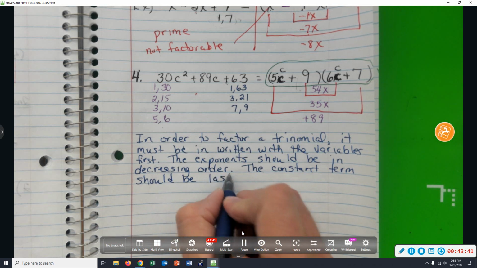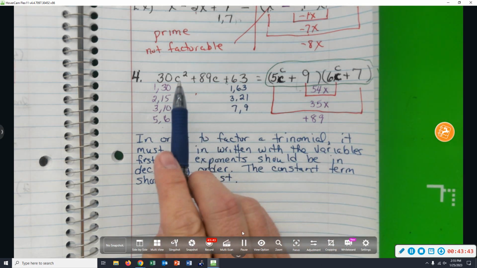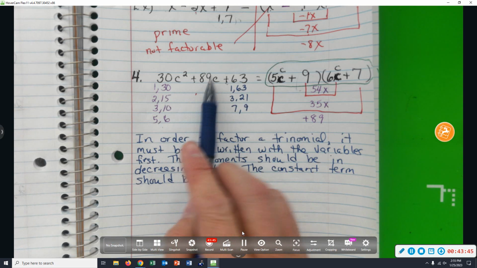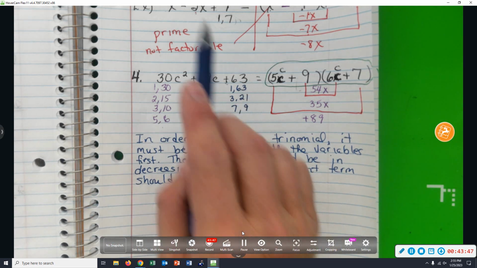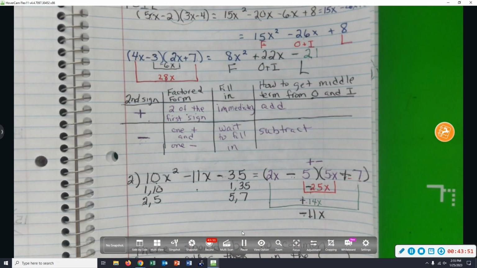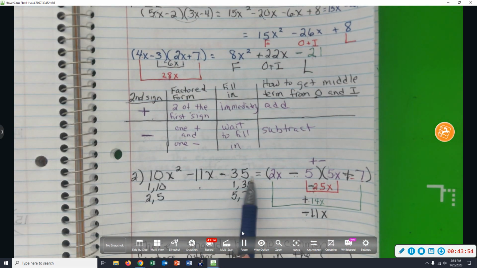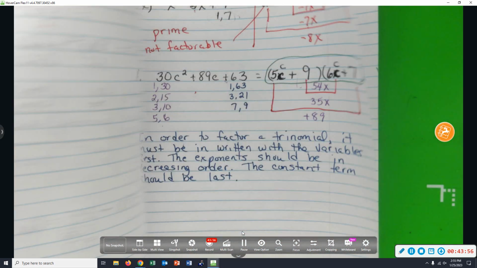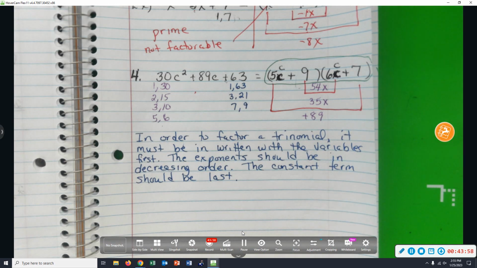This is called standard form. Notice how it's x squared, x, number. Over here, x squared, x, number, and so forth. You should have it written with the squared term, then the unsquared term, then the constant.